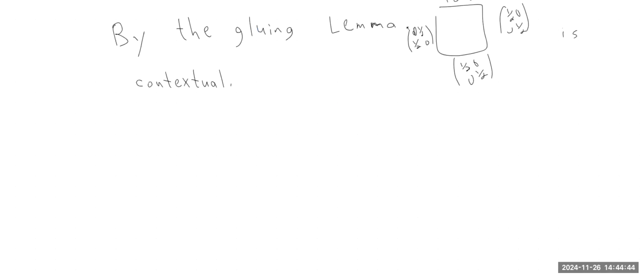Some last things I just want to say about why the one I wrote here was what it was. We had in simplicial sets this one, which is a pushout.